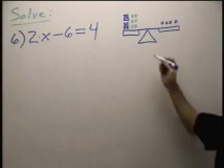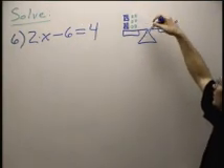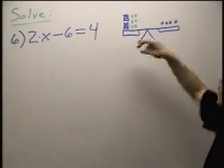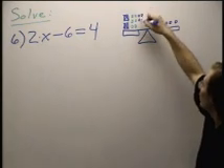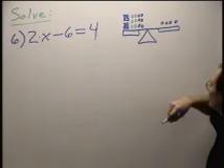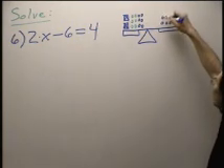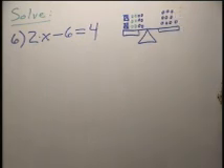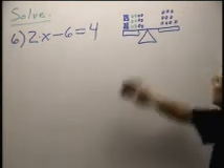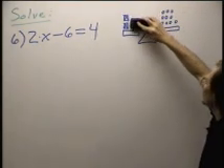Okay? So these 6 green things represent taking away 6, so I have to add 6 to this side to balance that out, which means I have to add 6 to this side to keep the balance. And so to avoid confusion, I'll erase this.